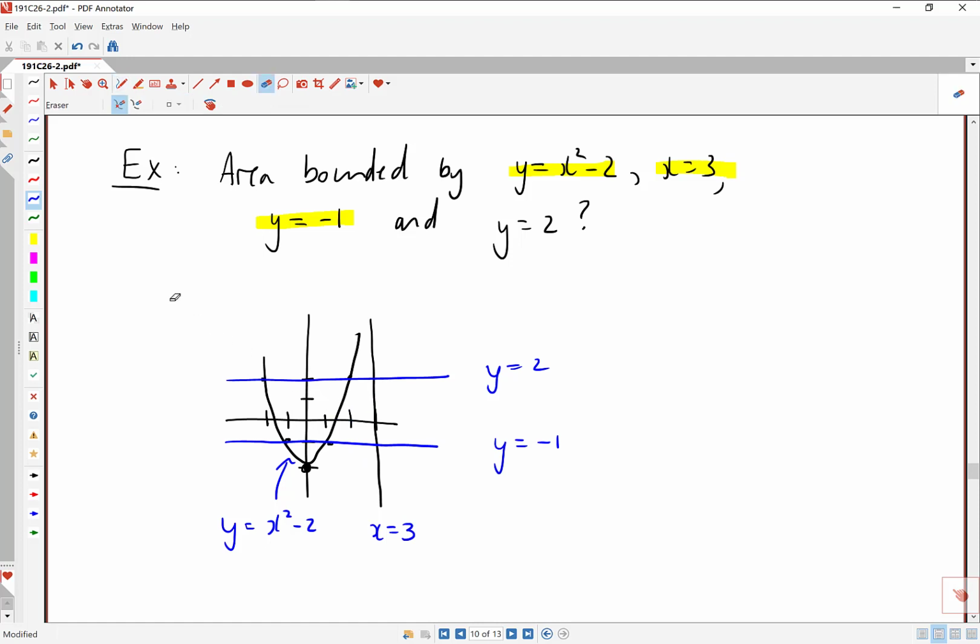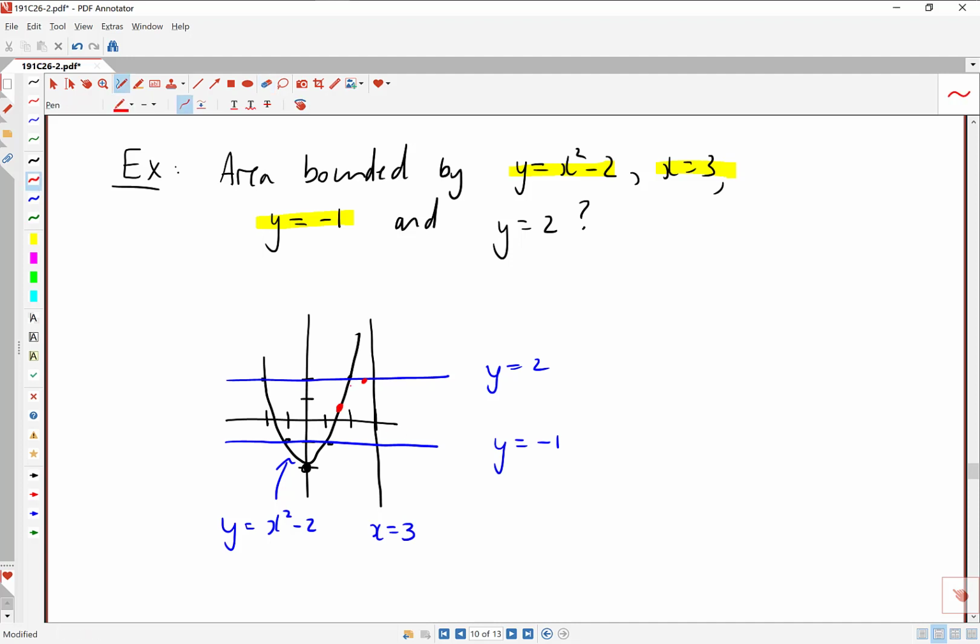Usually our go-to is to think about vertical slices. Vertical slices are usually intuitively easier because people like integrating with respect to x. You could try throwing some vertical slices on here and you'd see that's not going to work well, because sometimes y top will be the parabola and sometimes it'll be the horizontal line. So that's not good. Let's see if horizontal slices would work better.